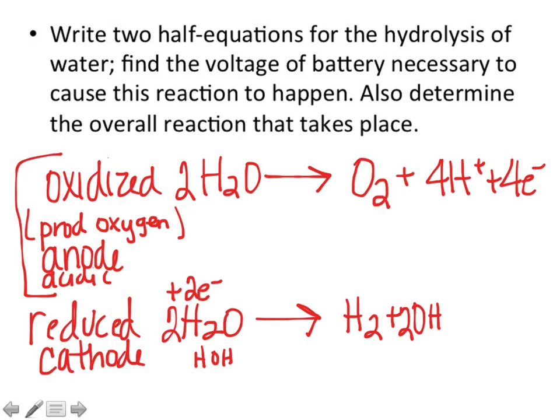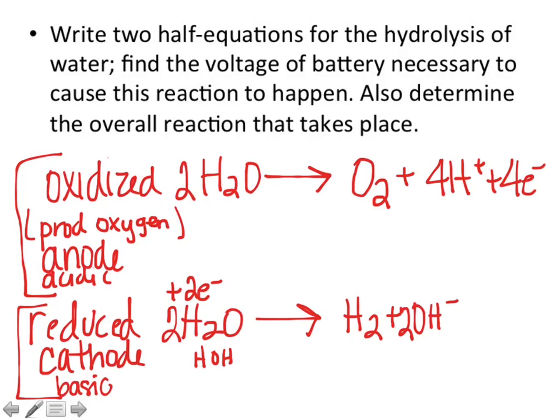And we have OH negatives in this reaction, so that means when water is reduced, it is a basic solution at the cathode. So you've got to remember when water is oxidized, it is an acidic solution. And then when we reduce water, it is a basic solution.